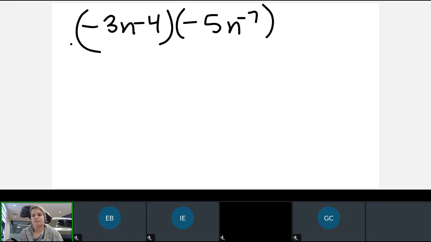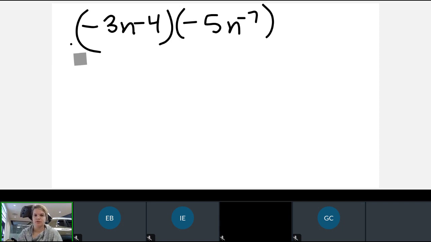Okay, so Ben, you need to multiply the coefficients. What are your coefficients here? No, n is a variable. What's the coefficient?